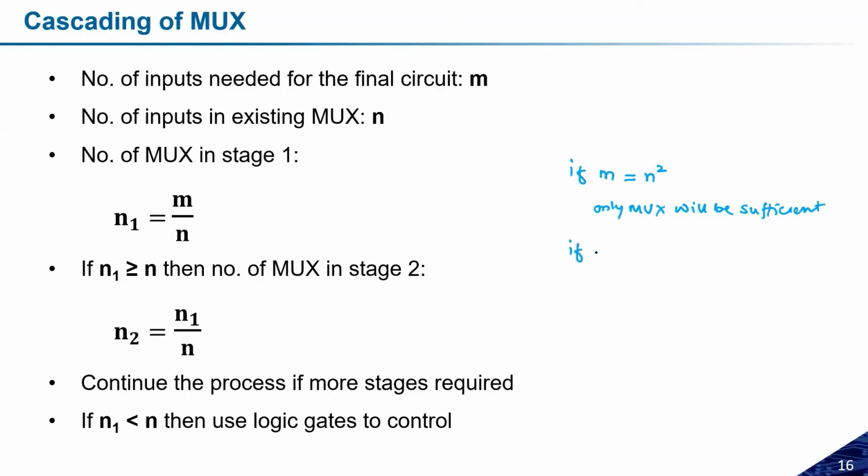If m is equal to 2n, additional gates are required. This is an important thing that we should remember.